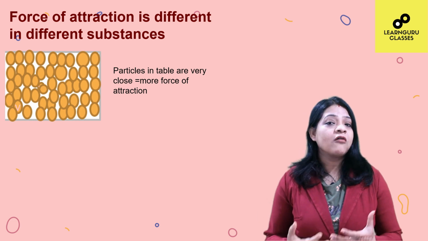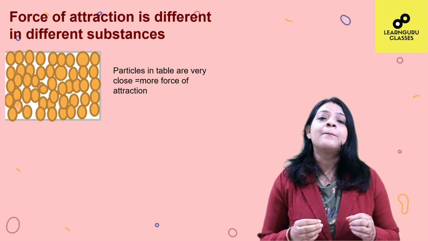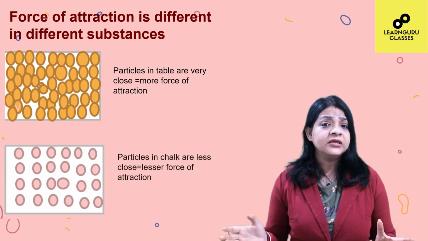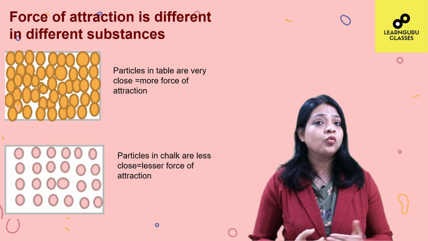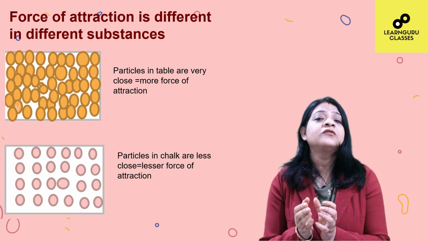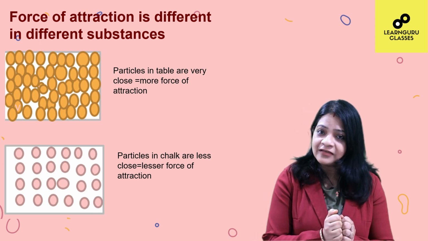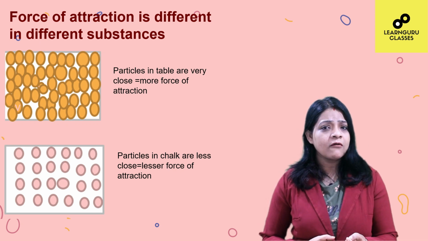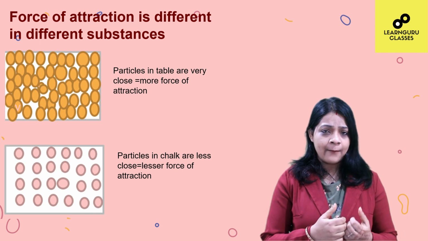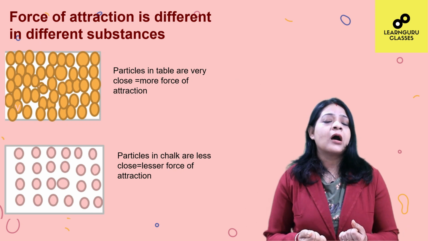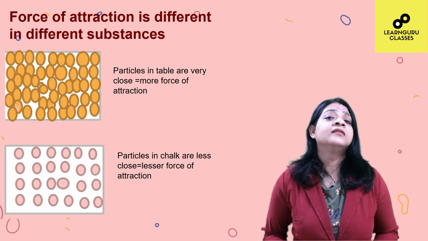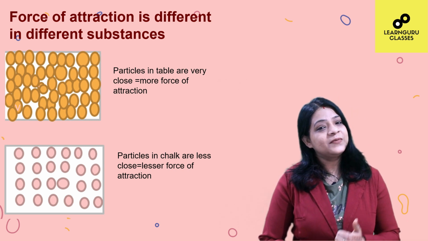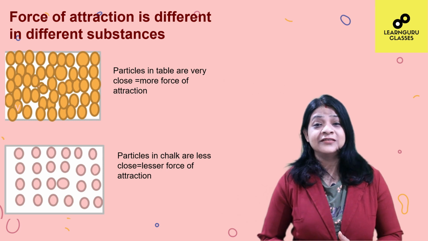Similarly, in case of pieces of chalk, the particles are placed farther apart from each other compared to that of the wooden table, means the force of attraction is a little less, and so even if you apply a small amount of force, you don't need a hammer. You can easily break a chalk with your hand, because the force of attraction in pieces of chalk is not that strong.